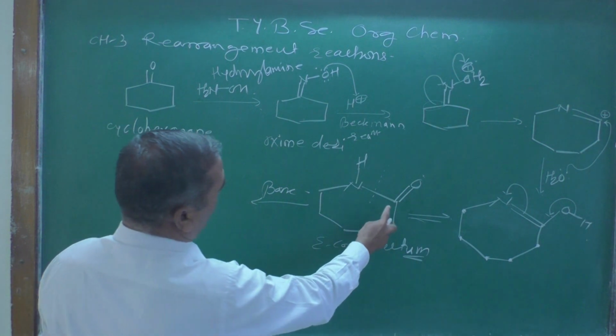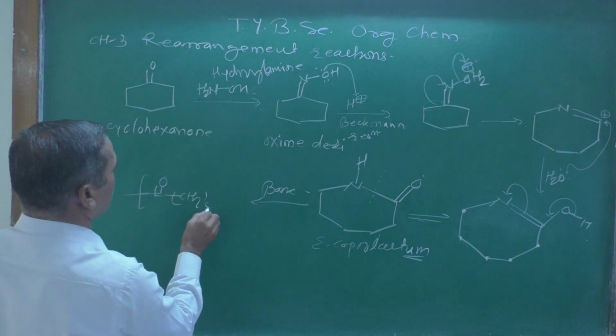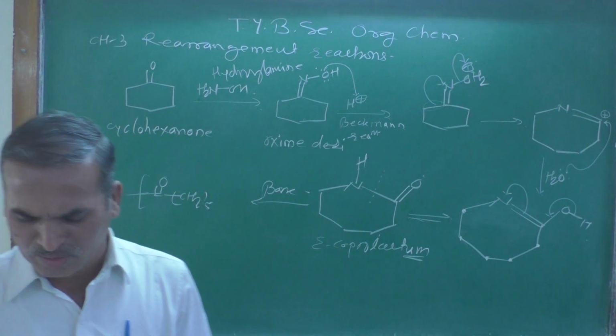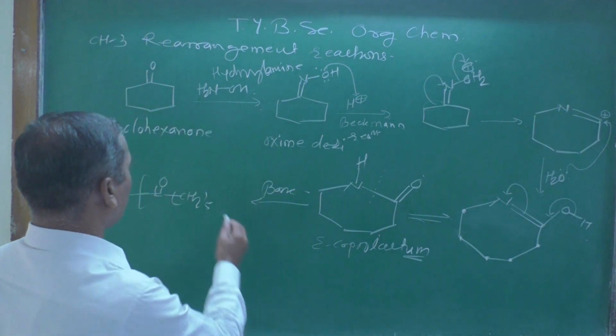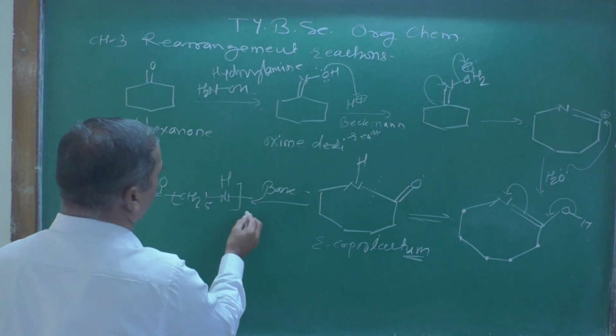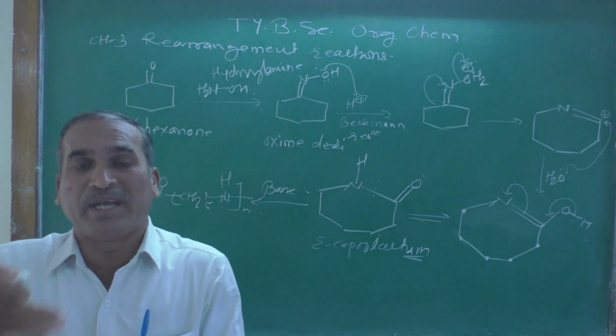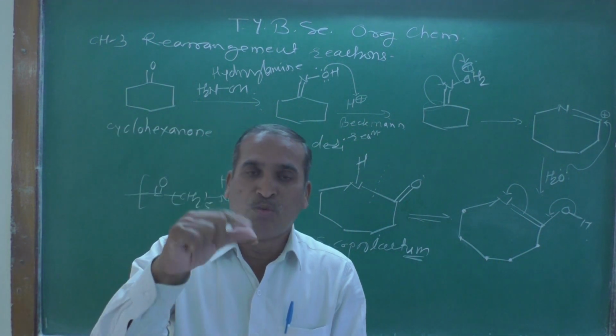Look at here, how many CH2 are there? 1, 2, 3, 4 and 5. CH2 five times, and then NH, and the remaining part you can write as n number of this repeating unit, that is the monomer.